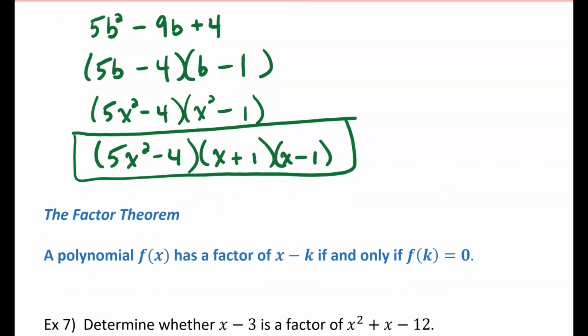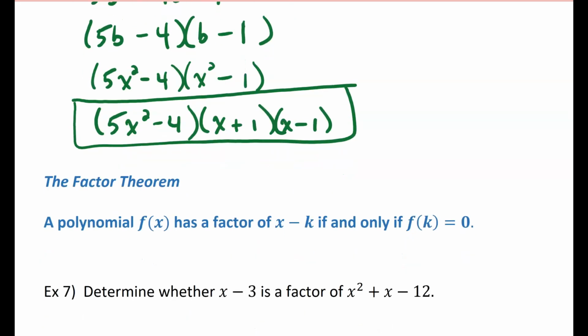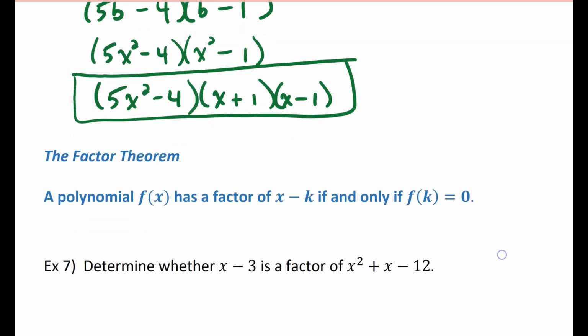The factor theorem says that if you have this polynomial, f of x, and x minus k is a factor, it'll be a factor if and only if f of k is equal to 0. So meaning you would plug that value in, and if the polynomial equals 0, then you know it's a factor. So this can be a quick test.